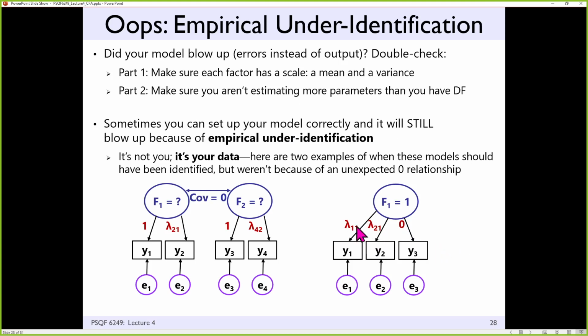I got to make these 2 loadings equal. That's how I would fix this. Then I'm down to 1 loading for the 1 covariance, and I'm good to go again. So there are situations in which you can do everything right and it can still not work. But to the extent that you have more than just the bare minimum number of indicators, that's less likely that you'll run into those.